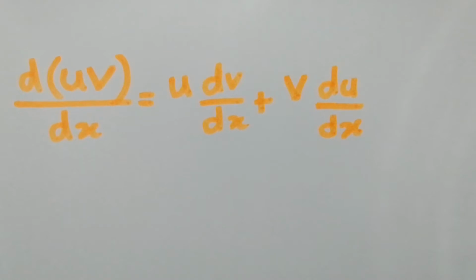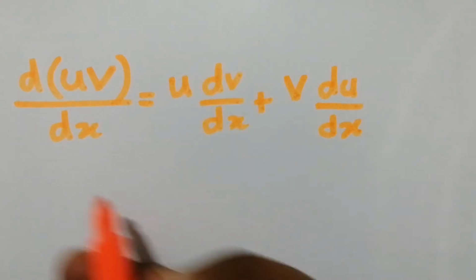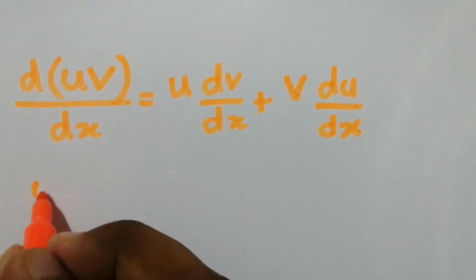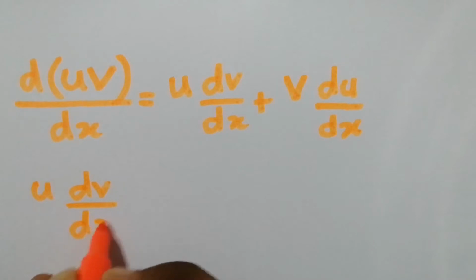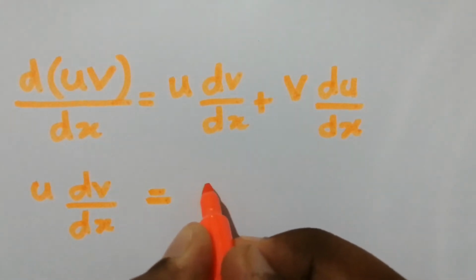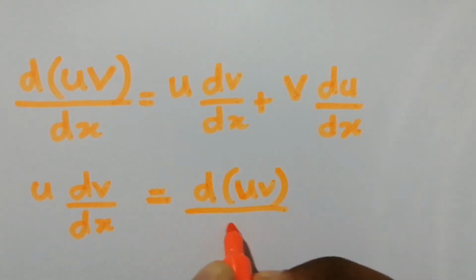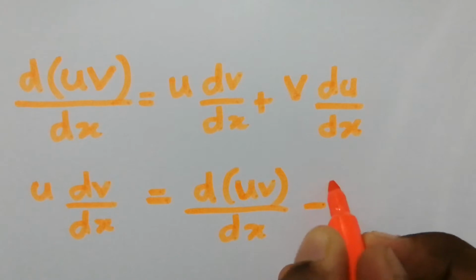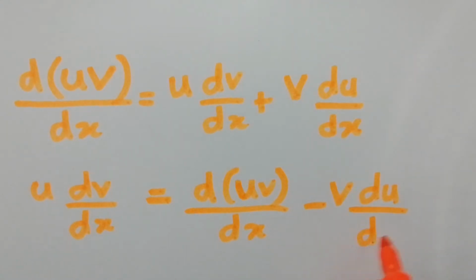Now I am going to make this part the subject here, and it will be u times dv upon dx equal to d(uv) upon dx minus v du upon dx.